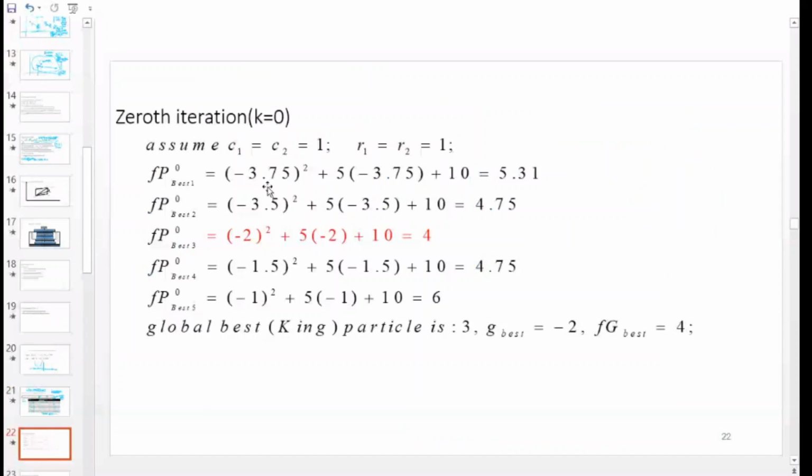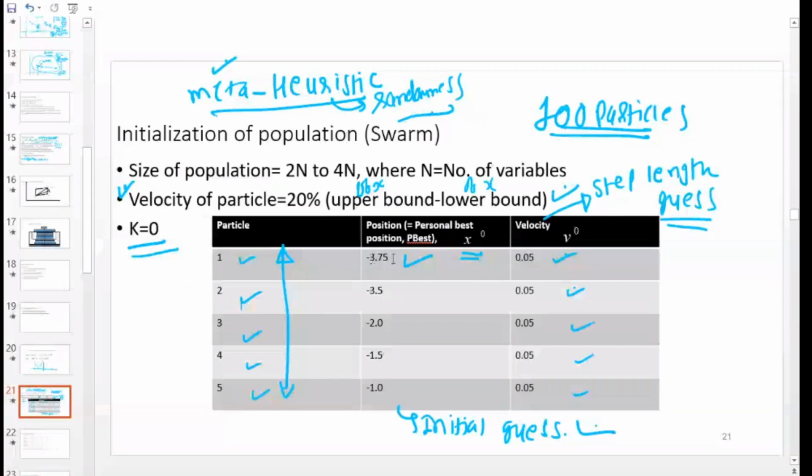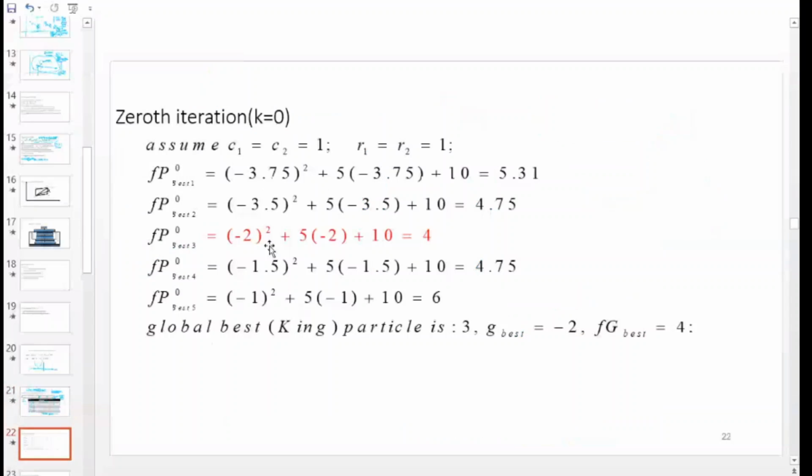Now we have initialized the x value. Now find out the function f of x. So fp best, the functional personal best value of the first particle at the end of the 0th iteration, is equal to x square plus 5x plus 10, where x is minus 3.75.